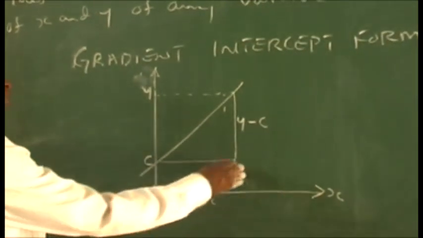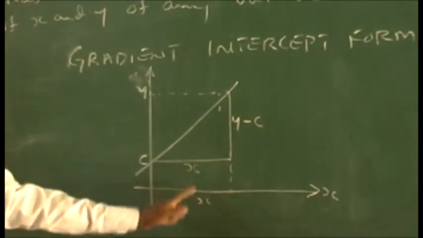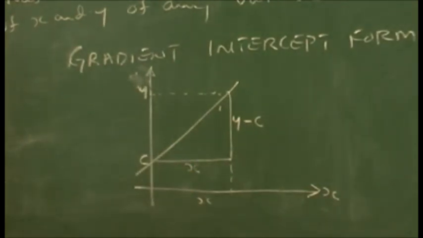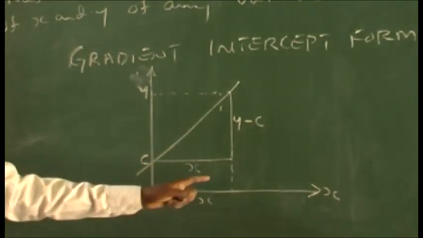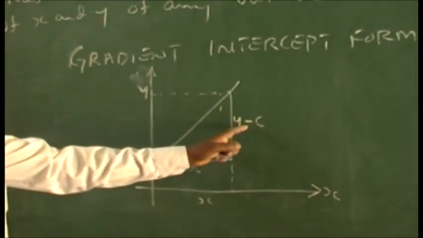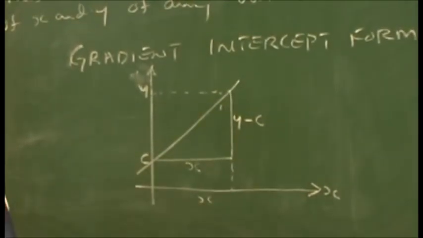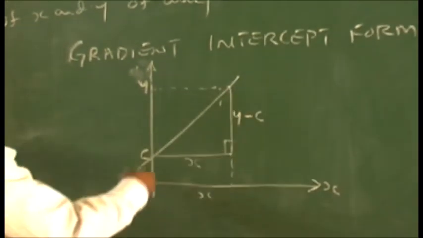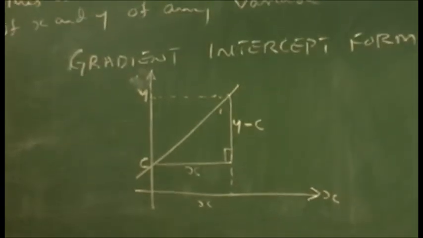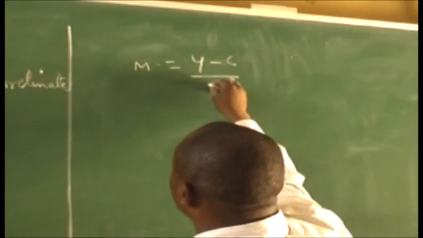And this way I have x corresponding to here. But I also know that y minus c all over x will give me the gradient, because anytime we take gradient, we will take it this way. So what it means is that m will be equal to y minus c all over x.